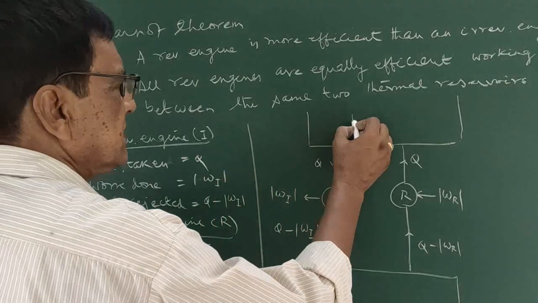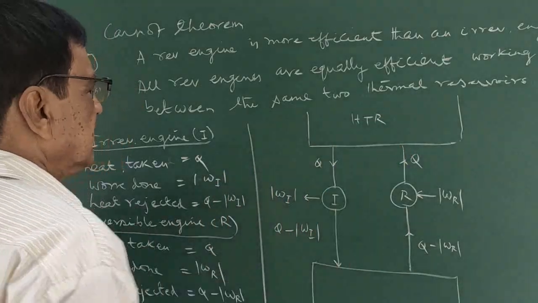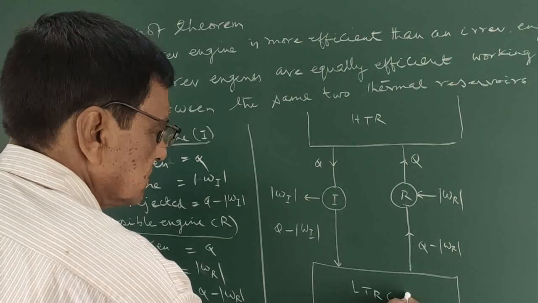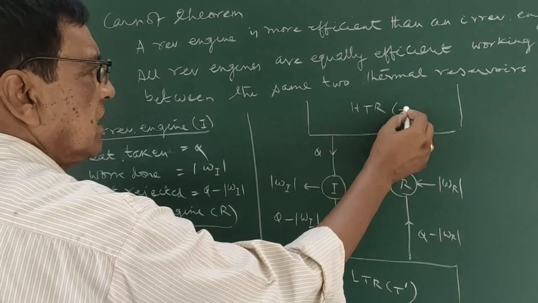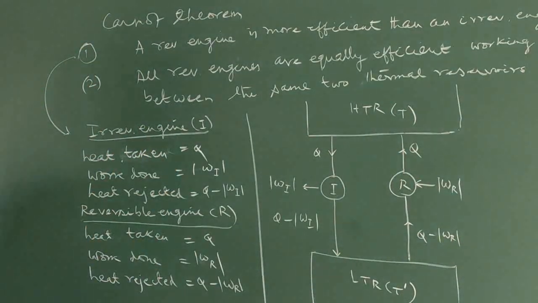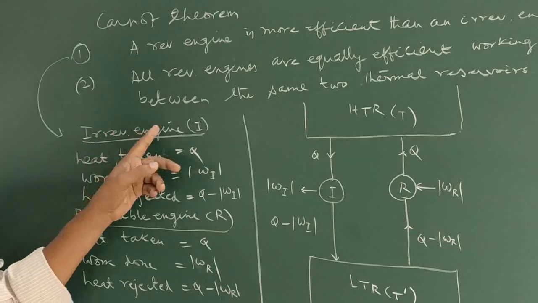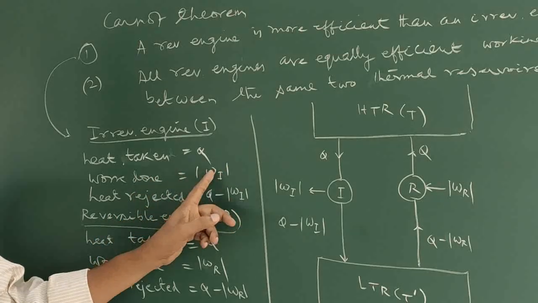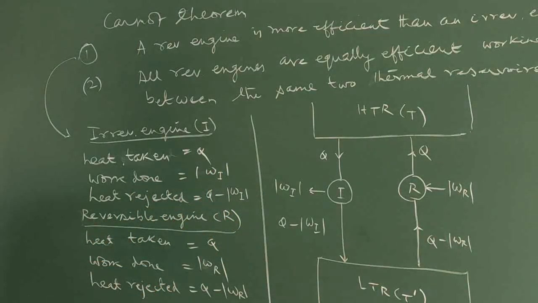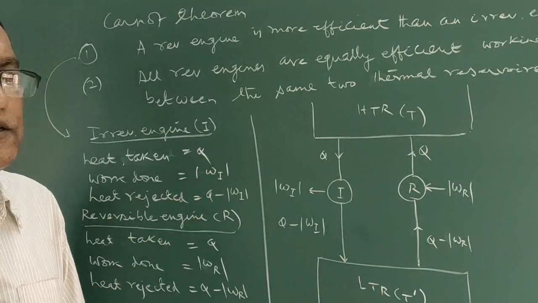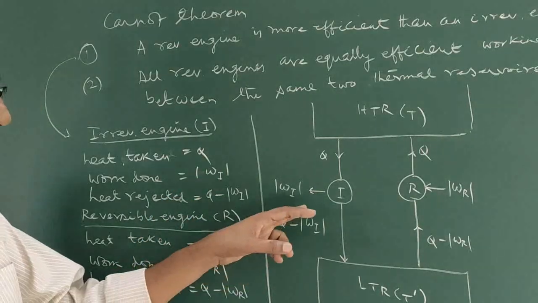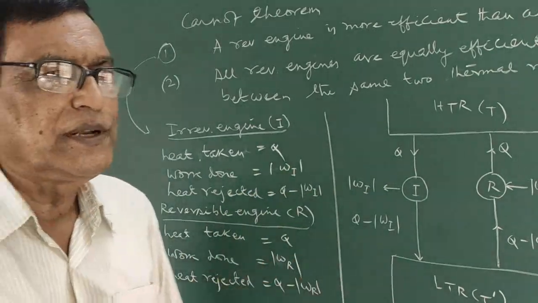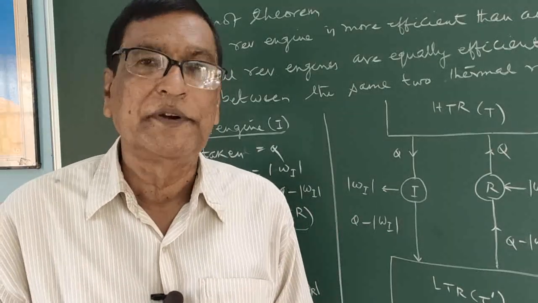Suppose here it is the HTR. The criteria of these two engines are that the heat taken by the irreversible engine is Q, and the work done is modulus of Wi. Without giving a sign to the work done, it is given by an arrow and it is the magnitude, and then it will be less trouble to deal with mathematically.